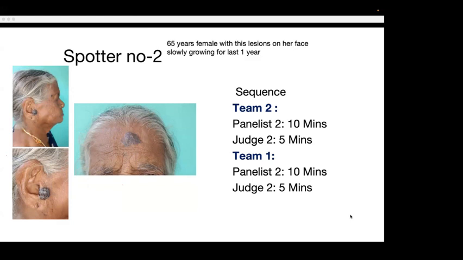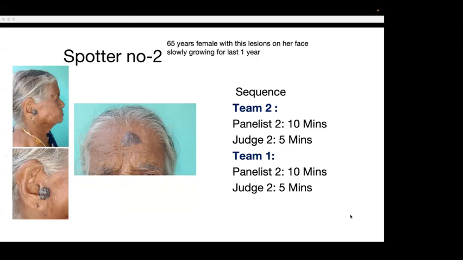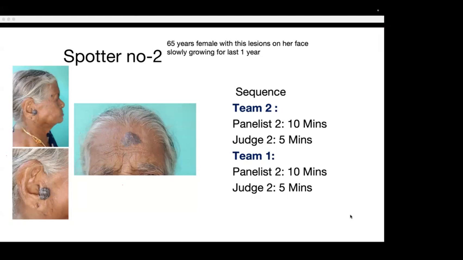They said lentigo maligna. And what is your second common type of clinico-pathological type? It's a nodular type which is seen in the head and neck region.